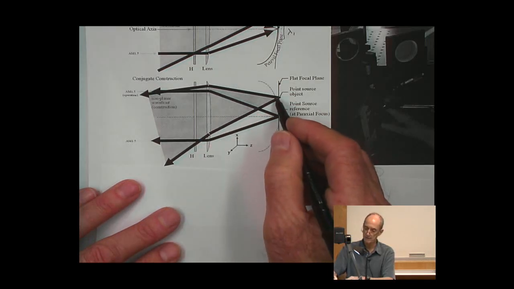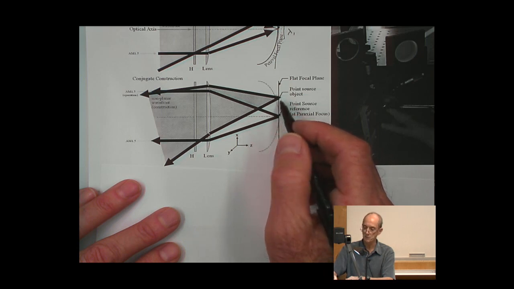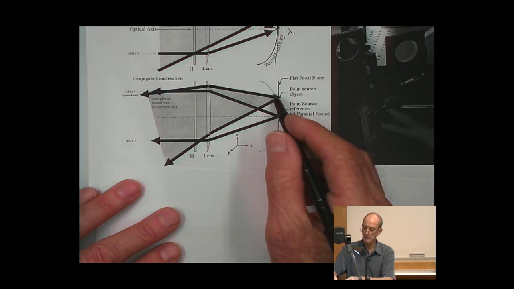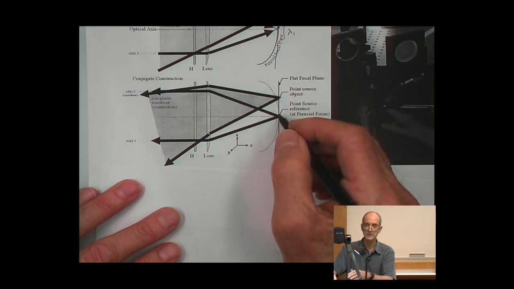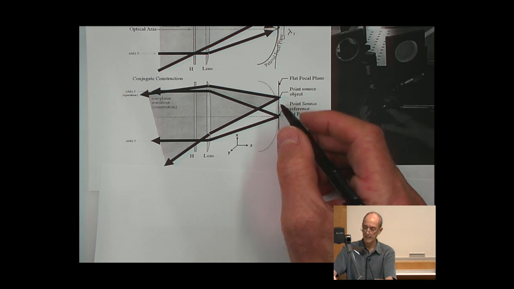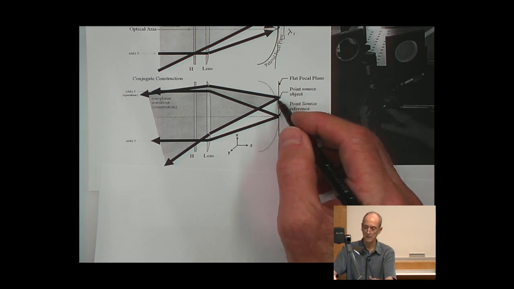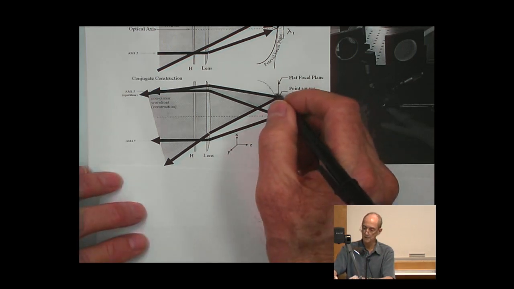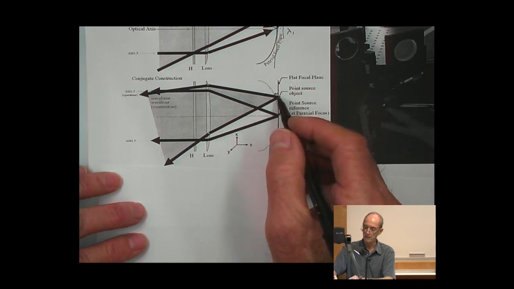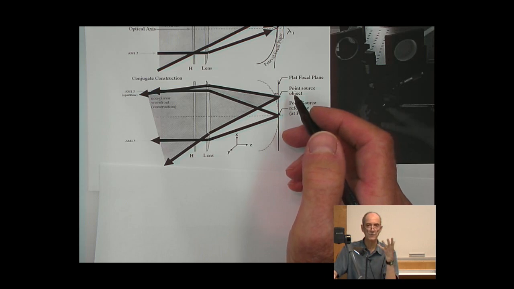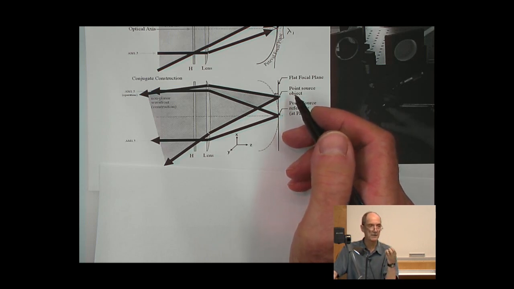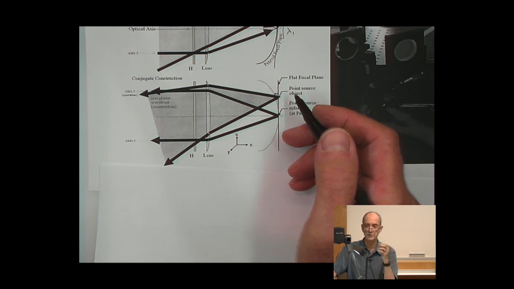It's aberrated by an amount which corresponds to the difference between this stigmatic image plane, which is actually a curved surface, and this plane. So this distance here is showing up and producing an aberration, much similar to what we showed last time for that astigmatism and Petzval or field curvature term.